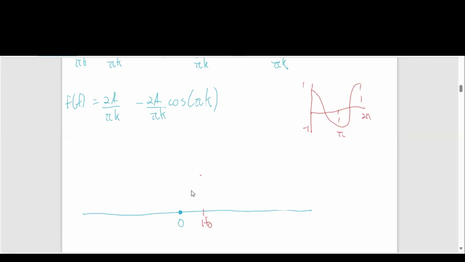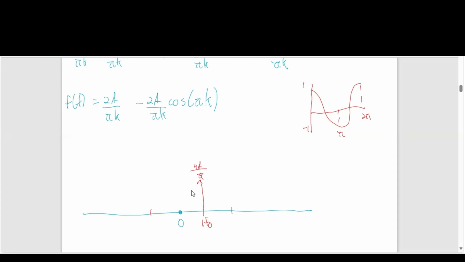So you end up with 2a on pi plus 2a on pi, so you end up with 4a on pi.